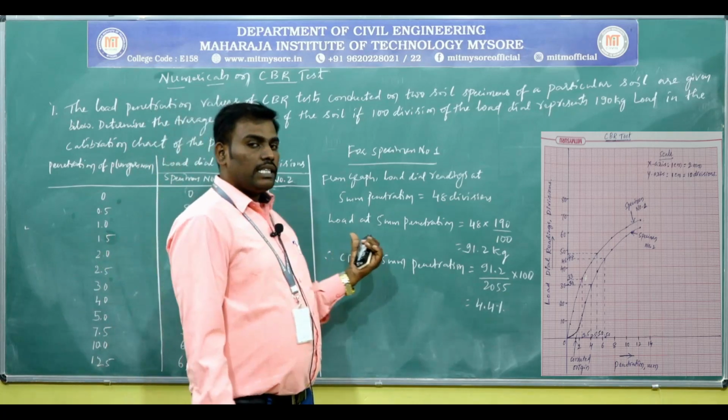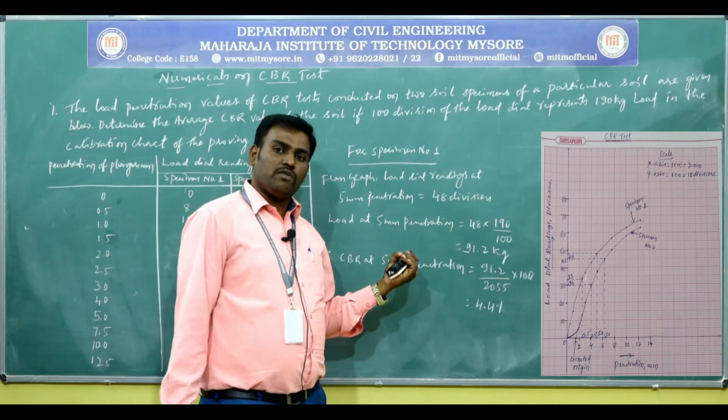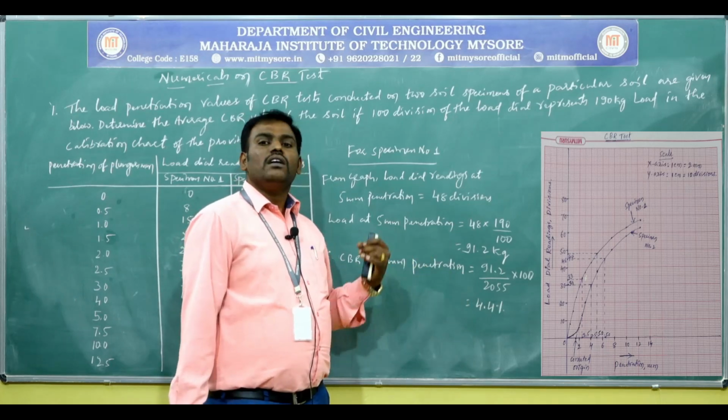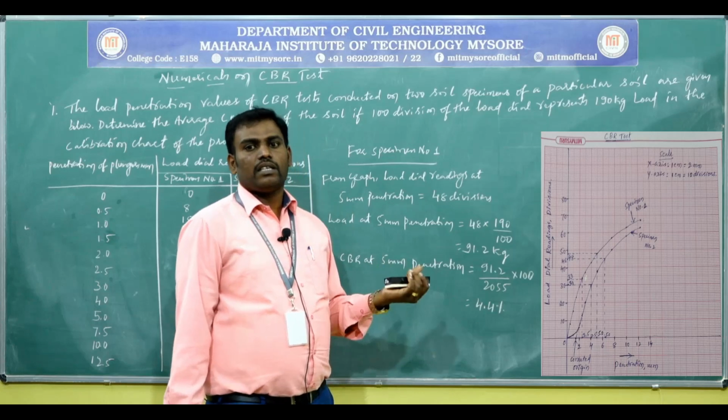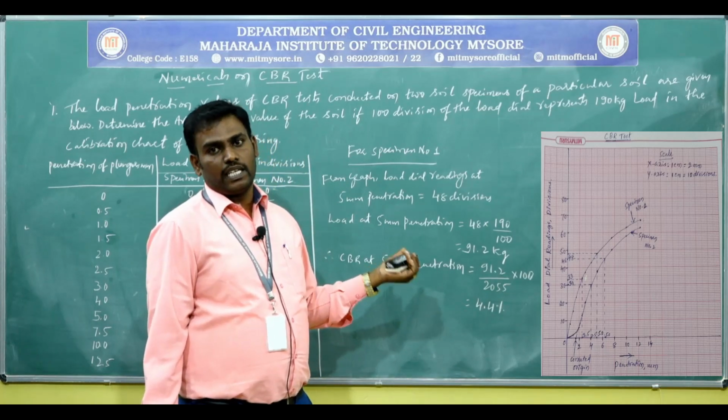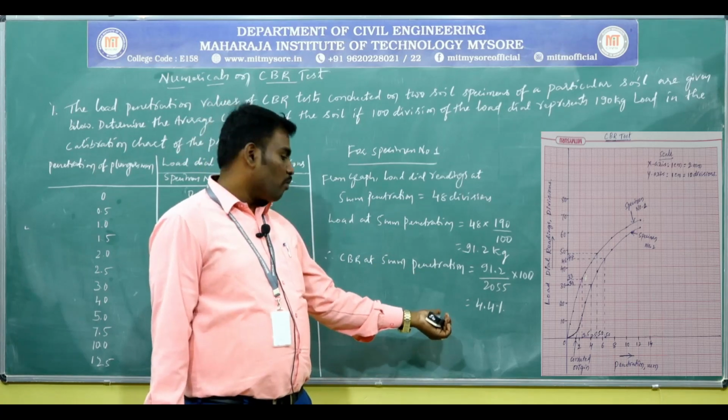But in this case, the CBR value at 2.5 mm penetration is 4.6 percent, and the CBR value at 5 mm penetration is 4.4%, which means the 2.5 mm penetration value of 4.6% is more than the 5 mm penetration value of 4.4%.